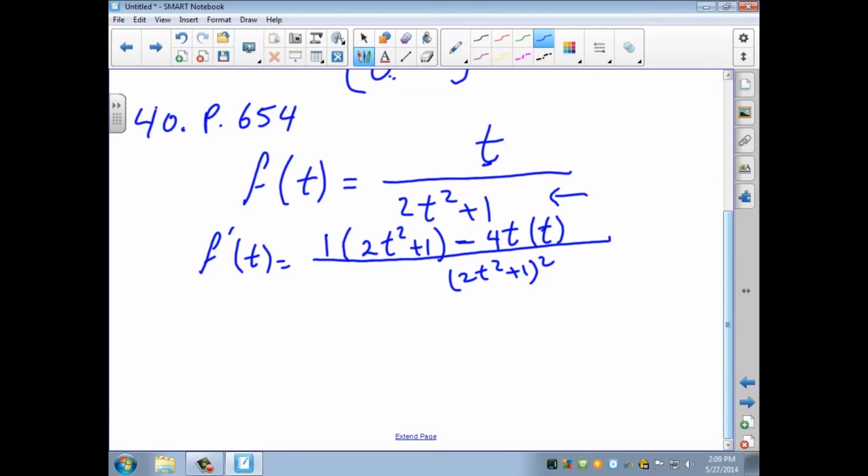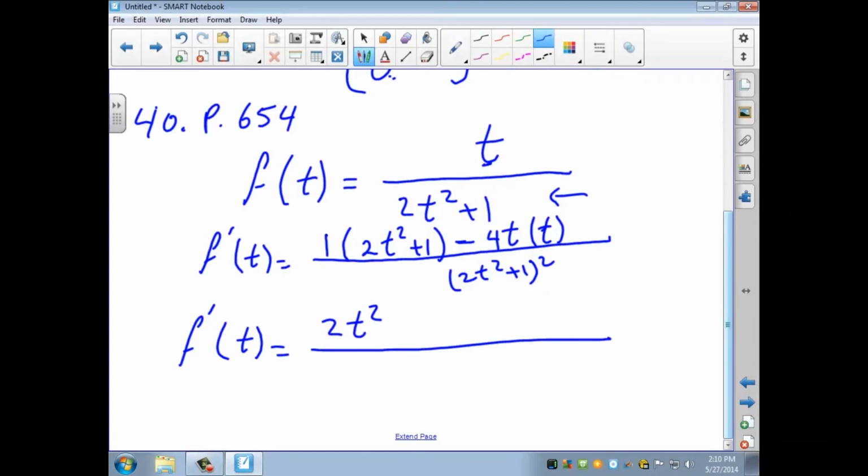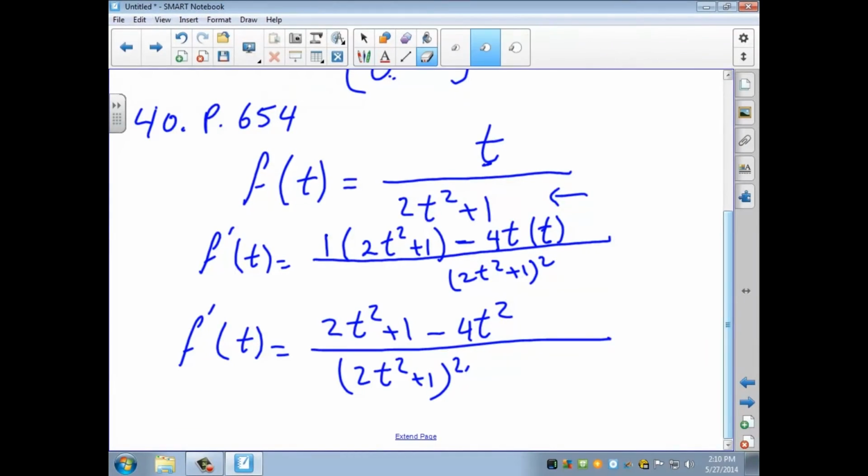Let me just simplify this a little bit. F prime of t, therefore, equals 1 times 2t squared plus 1 minus 4t times t, which would be 4t squared, divided by 2t squared plus 1 squared. You normally don't do anything with the denominator and leave it alone.